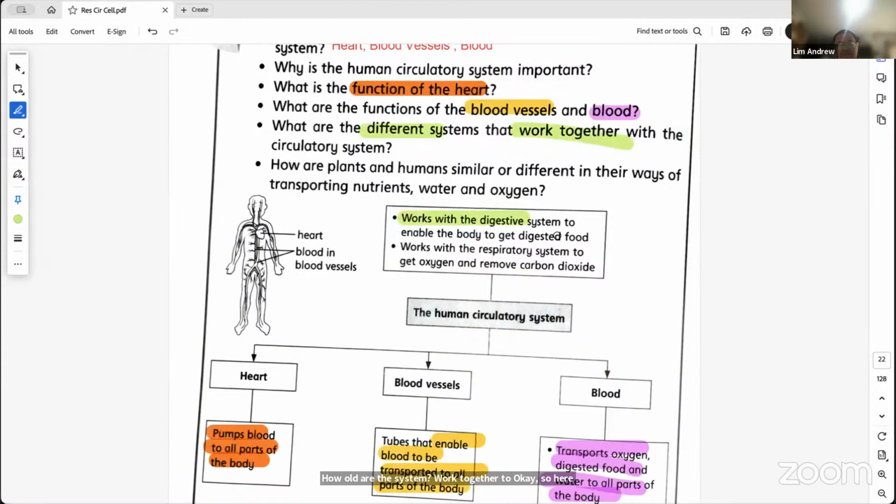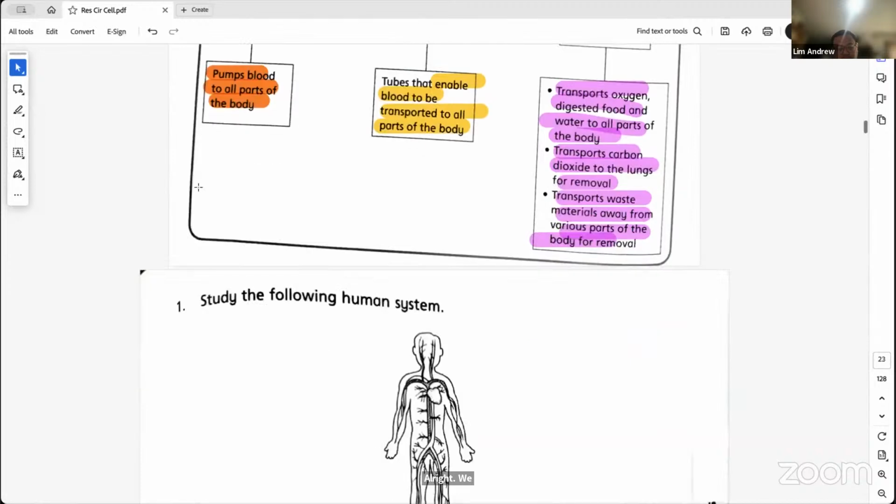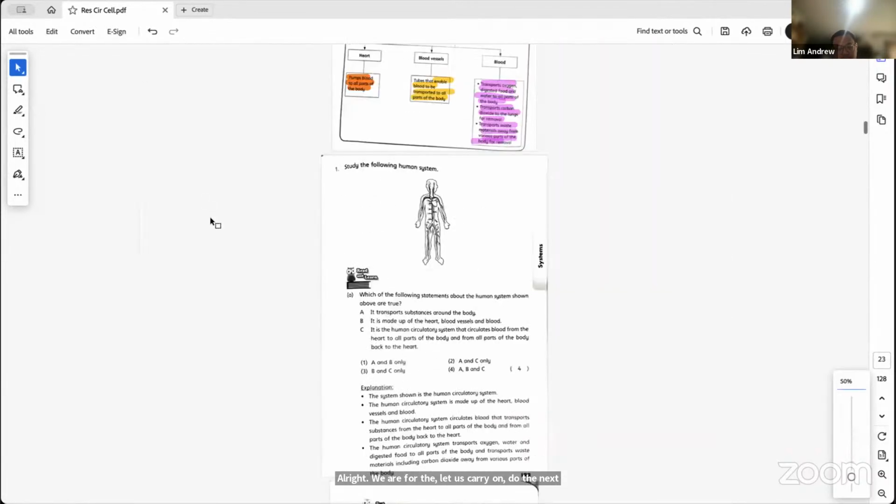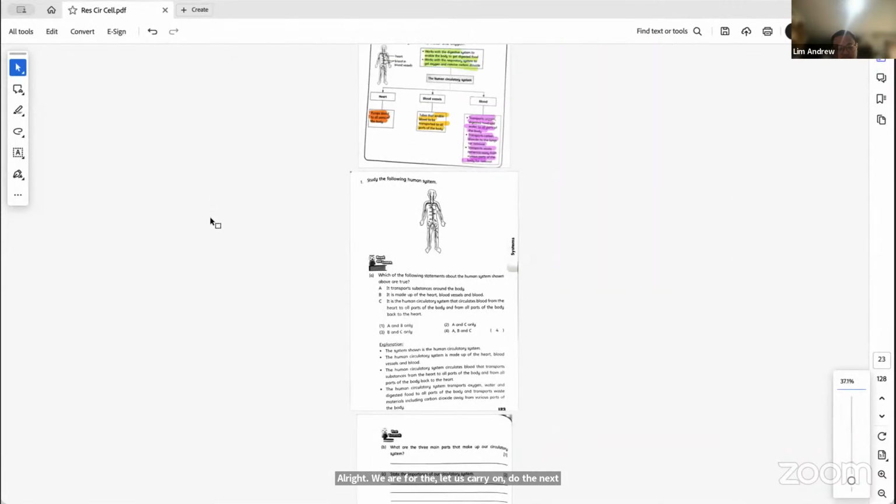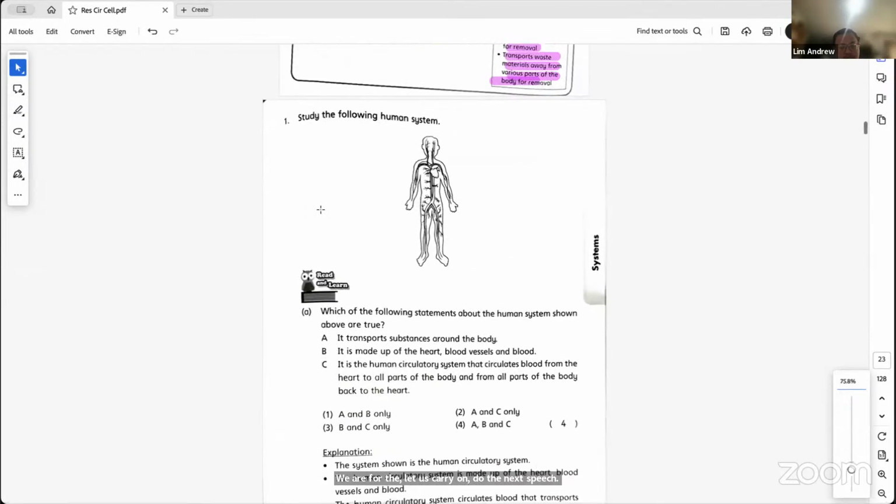All these systems work together with all these systems here. So once you write down all these in green, you answered the question in green. Without further ado, let us carry on to the next page.